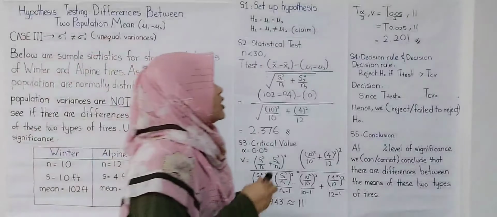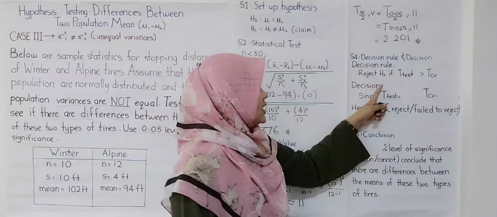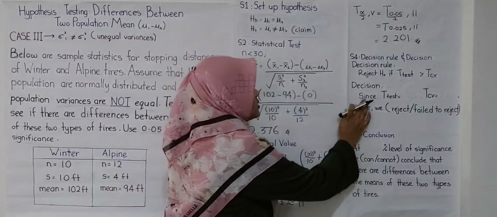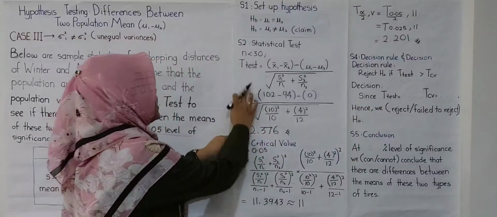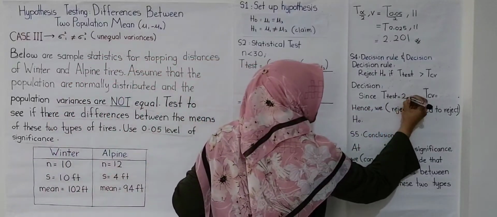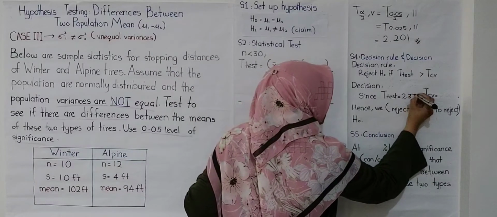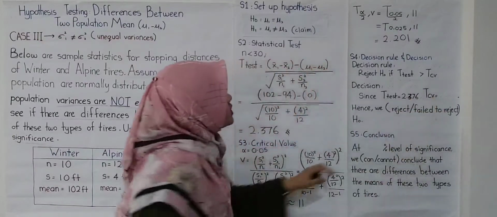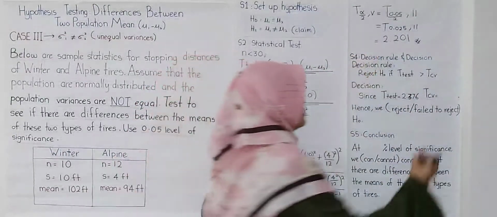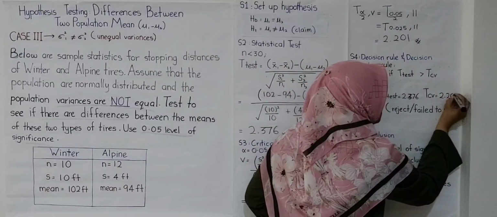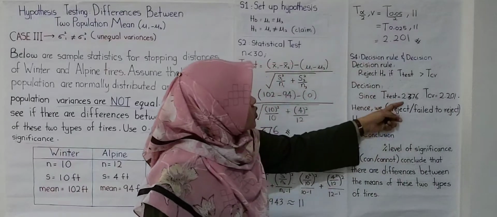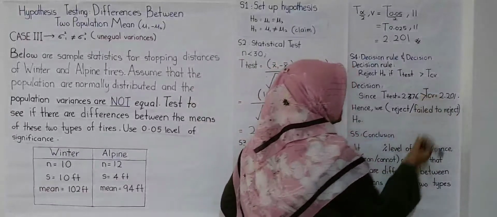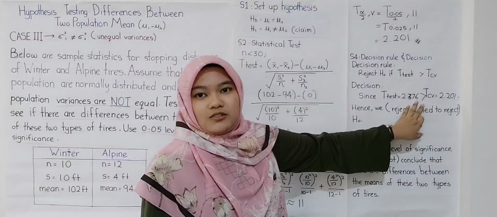Now, the decision rule is reject H null if our t-test is bigger than the t critical value. Since our t-test is 2.376 and our t critical value is 2.201, 2.376 is bigger than 2.201, which means our t-test is bigger than our critical value.